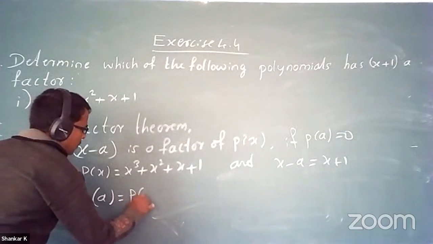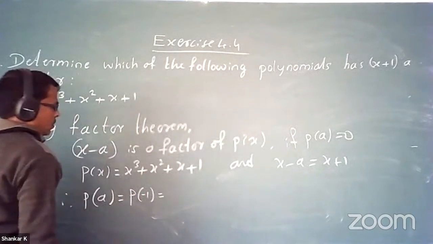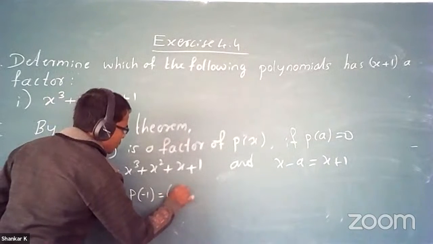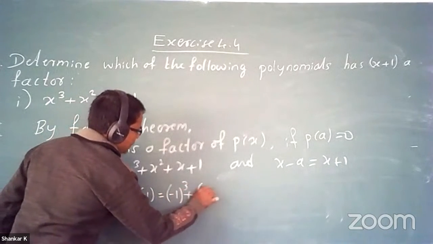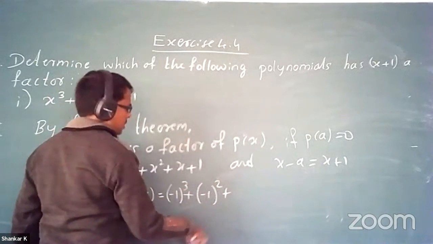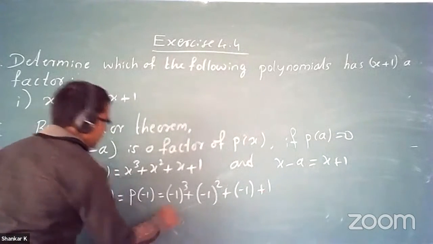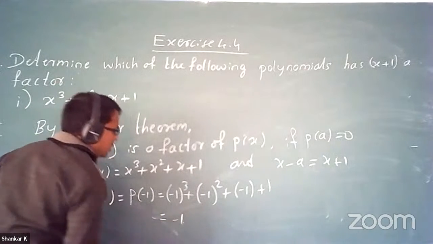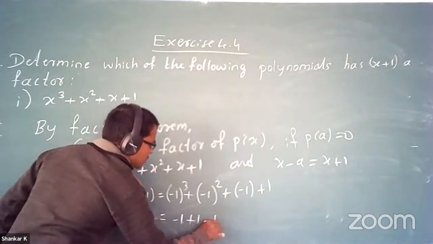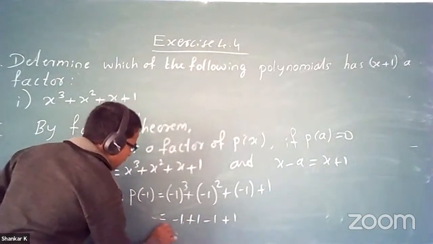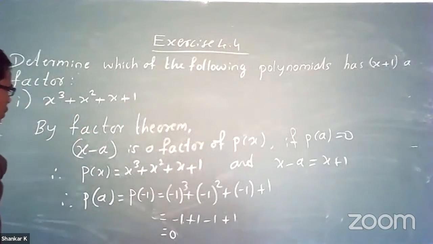This is equal to minus 1 cube plus minus 1 square plus minus 1 plus 1. This is minus 1, this is plus, minus 1 plus, so it became 0. Since p of a is 0, therefore x plus 1 is a factor.